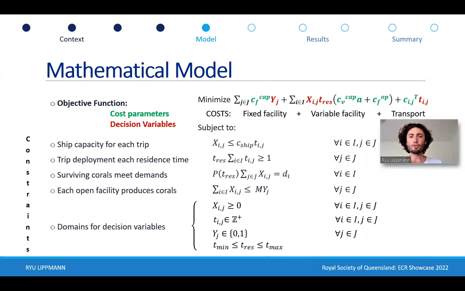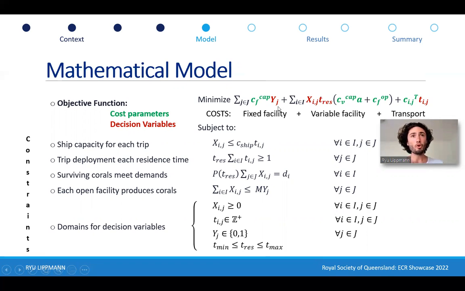The mathematical model that we've created has an objective to minimize costs for the project. The costs we consider are in green, and these include the fixed cost to set up a facility, the variable cost to set up a facility, the operating costs, and the transport costs for coral from each facility to reef. And then the decisions we make are in red.